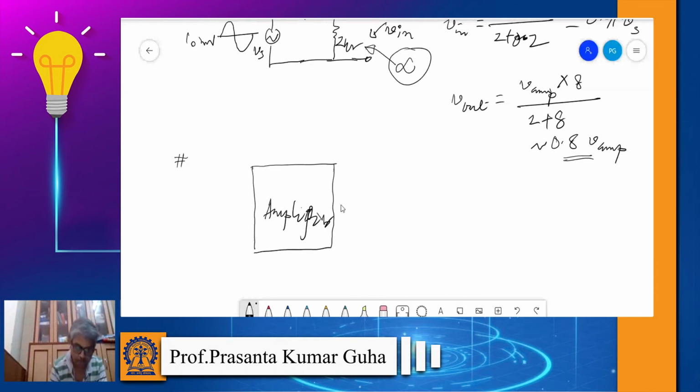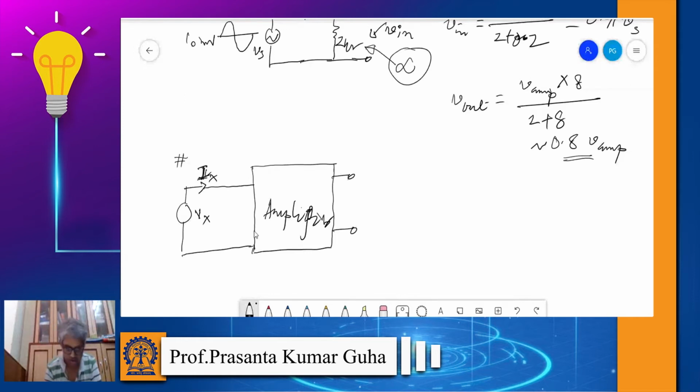For finding input impedance, we have to apply a test voltage Vx and we will measure the corresponding Ix, which is entering the amplifier, and of course the amplifier output is open circuit, right?